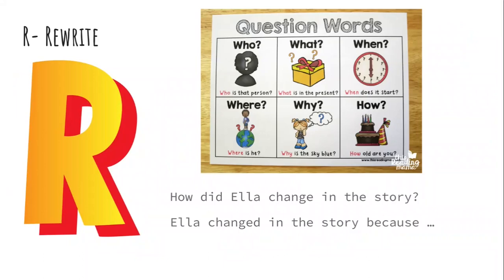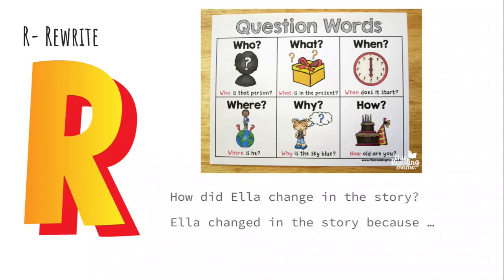So I'm going to take out the word did also and keep moving. I'm going to keep removing words from the beginning of the question so that I can use the rest of the question to answer the question. After I take out how and did, it says, Ella changed in the story. I can use this to start my answer.